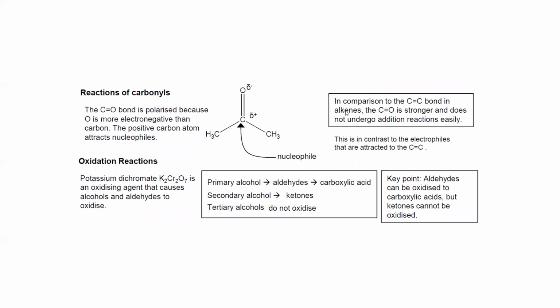Then the reactions of carbonyls, how the reaction will occur. As we can see, when we predict the geometry of these carbonyl groups, it will be trigonal planar. Why trigonal planar?